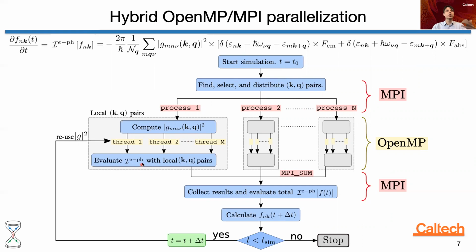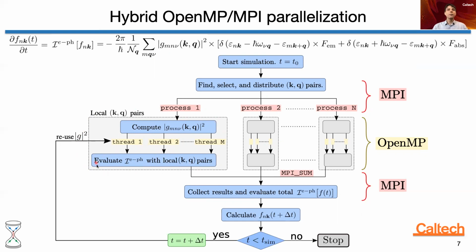So we will perform the partial sum over the local KQ pairs. And everything that happens in this schematic block is also parallelized in OpenMP. So for the computation of the electron-phonon matrix elements and scattering integral, we have also the parallelization over the OpenMP threads.